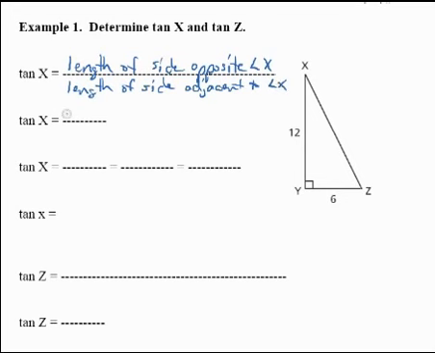We shorten that to opposite over adjacent. So in this triangle, opposite x is 6, adjacent to x is 12. That reduces to 1 over 2, and we express it as a decimal as 0.5. So the value of tangent of x, or the tangent ratio of x, is 0.5. No units. There are no units for tangent.